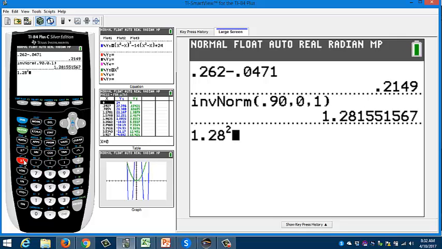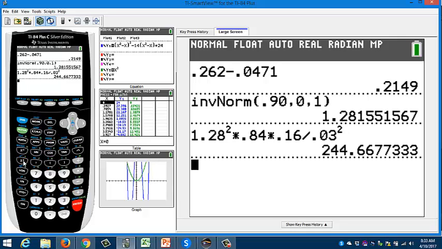And then times 0.84, and then times again 0.16, and then divided by what? Well, we want 0.03, but we want to square that also. So I'll hit the x squared key again. And that should be the sample size, right? So if you want to be that accurate, it says you better survey how many flights?